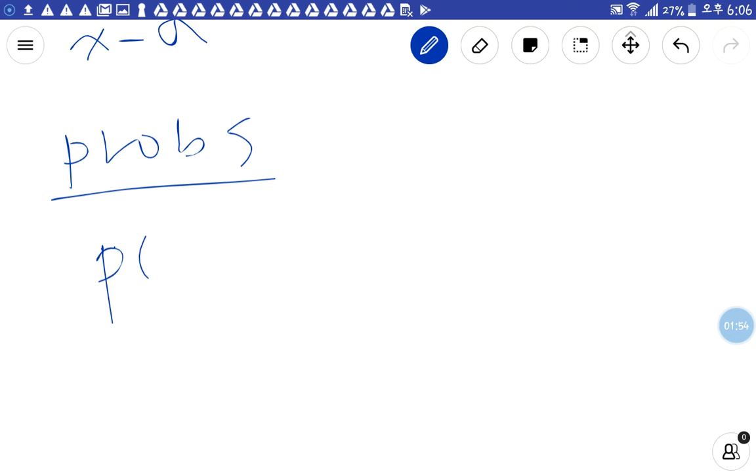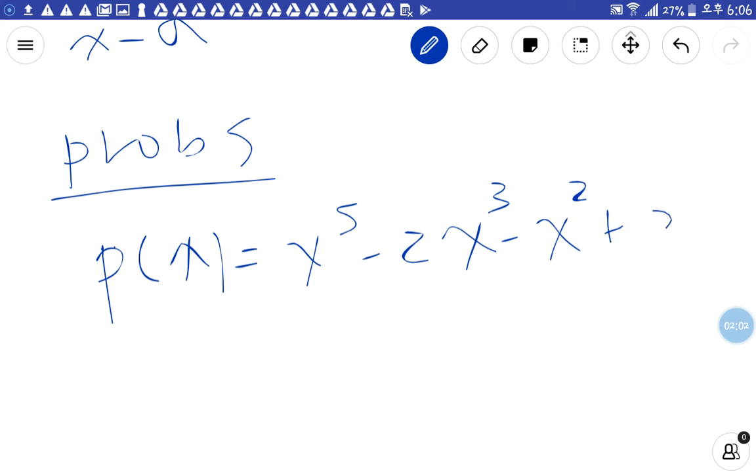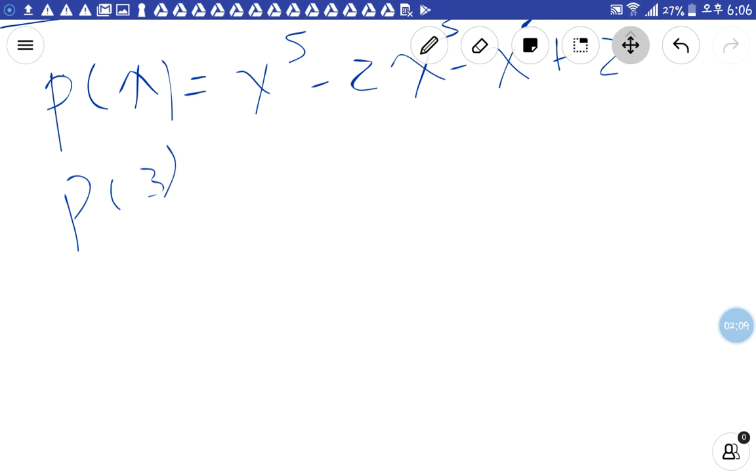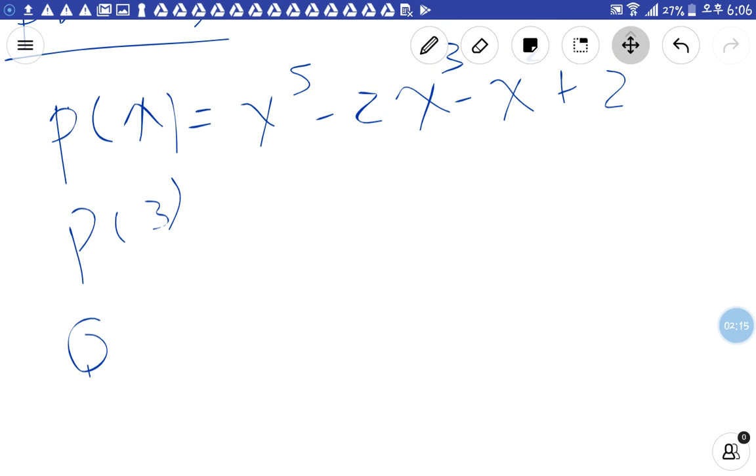My p of x is x to the 5th power minus 2x to the 3rd power minus x squared plus 2. I am looking for p of 3, right? So my first way, just simply plug in 3 into the expression. That's it.